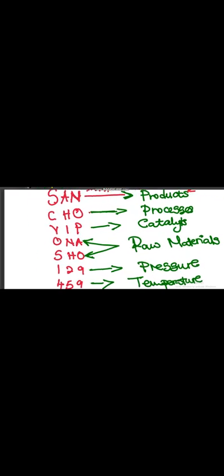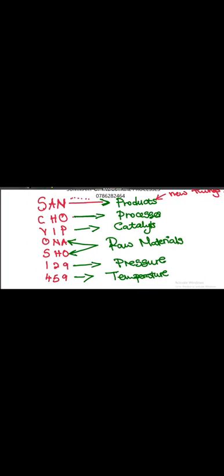Right, so we start with S here, reading it as columns. The S represents sulfuric acid.